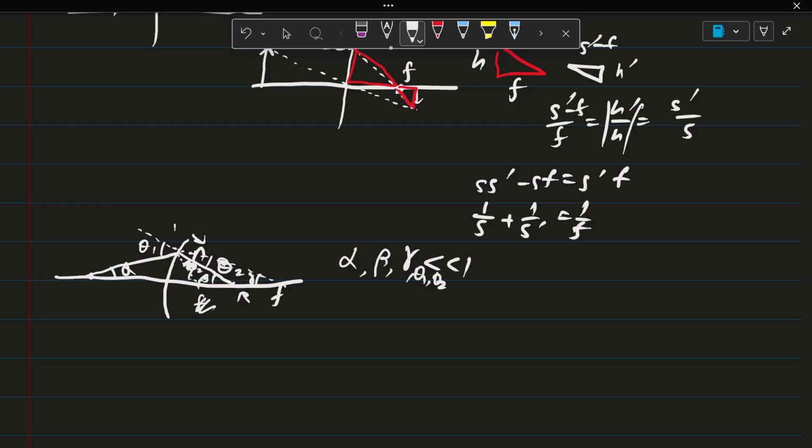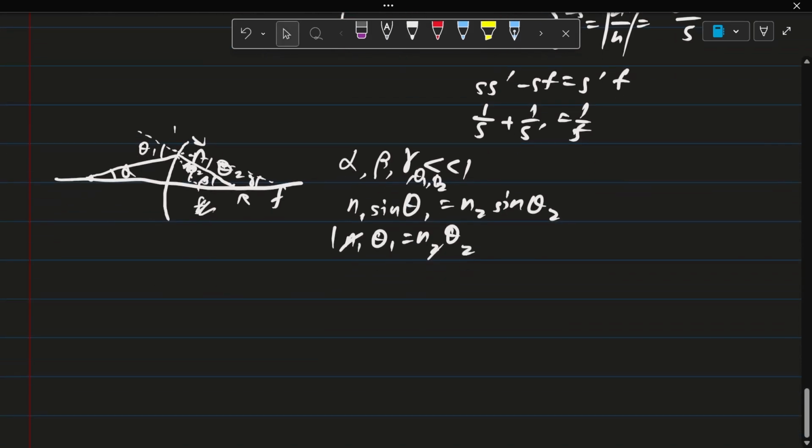So let's try to use Snell's law to figure out the relation between theta 1 and theta 2 first. So n1 sine theta 1 must be equal to n2 sine theta 2. But for small angle approximations, you could assume this to be n1 theta 1 equals n2 theta 2. But n1 is 1 and n2 is just n. Okay, so that's the first relation that we have.